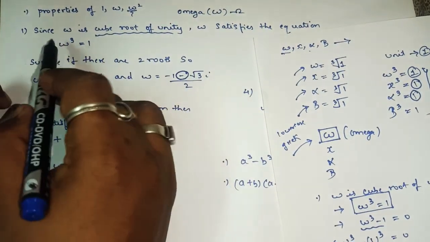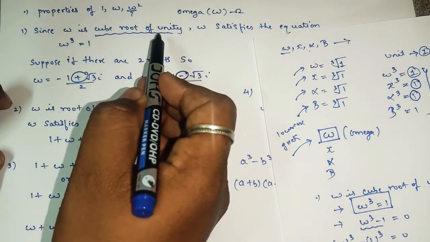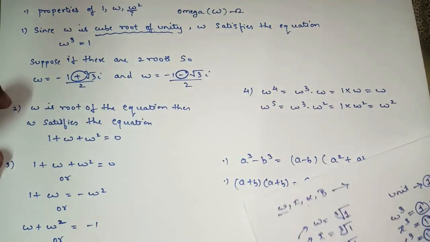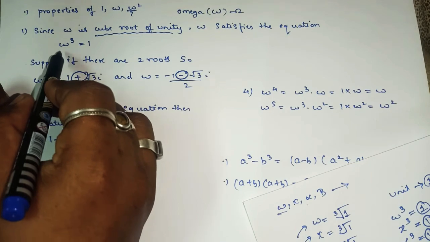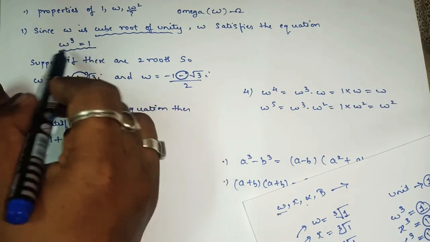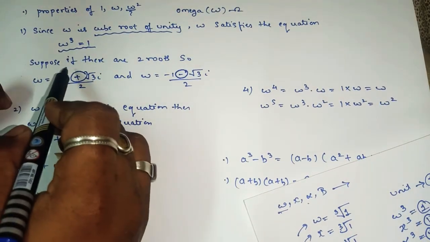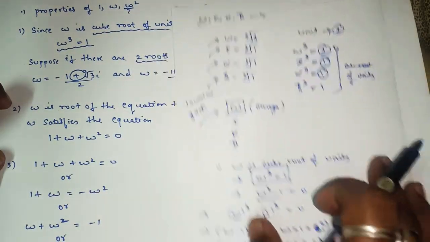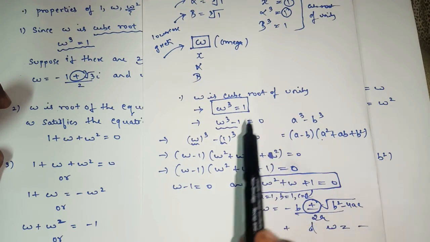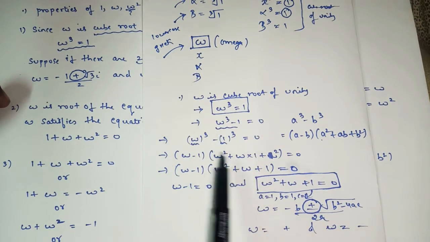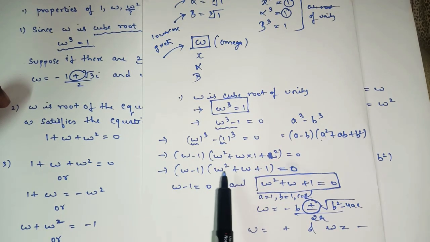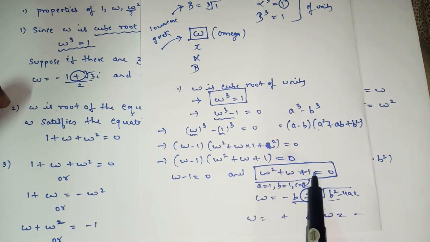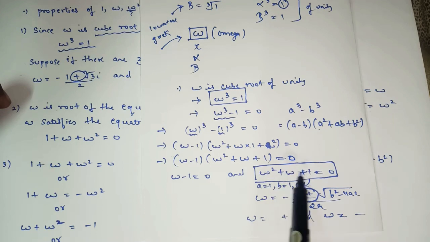Since w is the cube root of unity, w satisfies the equation w cube equals 1. Just now I explained w cube equals 1. When you shift this 1 to the left hand side, you get one quadratic equation. When you solve this quadratic equation further, clearly we can see that we cannot split the middle term, so we have to stick with the formula method.